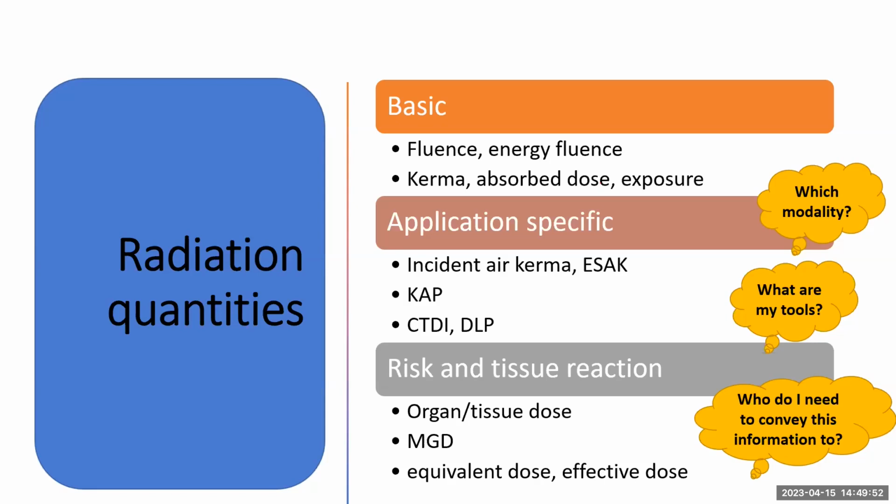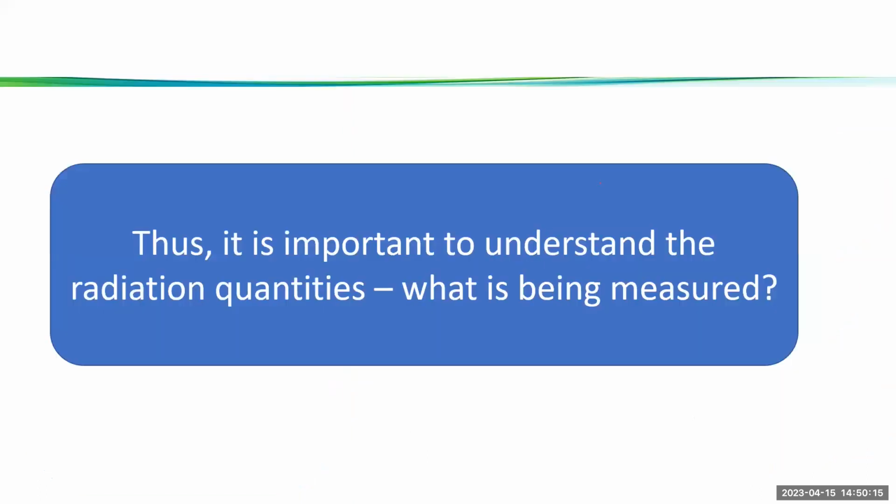Quantities like radiation risk and tissue reactions are usually suitable when you want to convey information to a group of people, whether it's radiologists, your colleagues, the patients, or patients' parents. So we'll move on and start with the first part, which is radiation quantities.